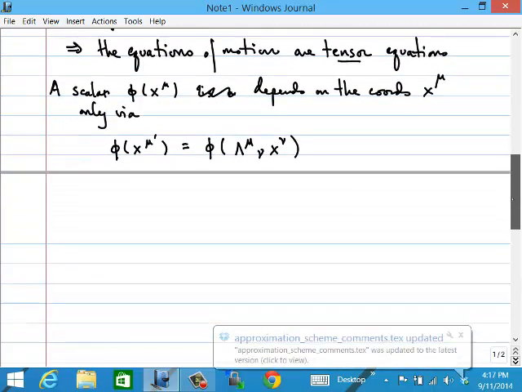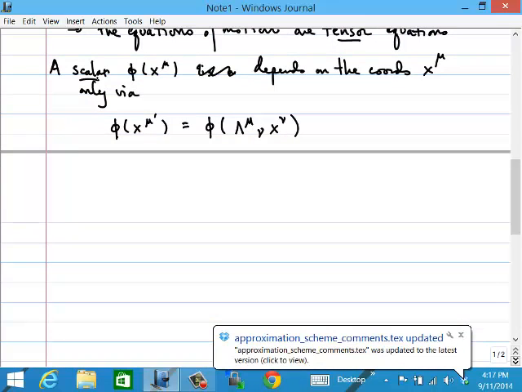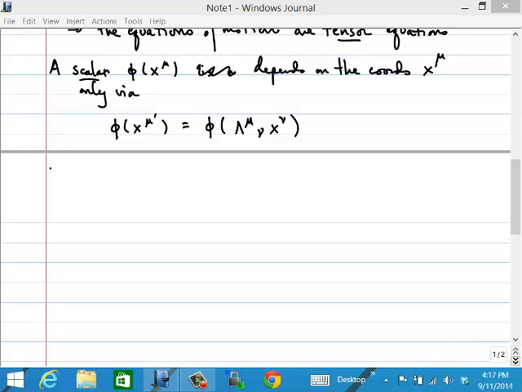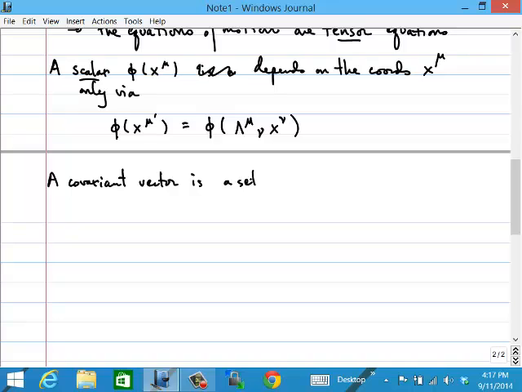A scalar is what you usually think of when you think of a function that only depends on a point in space-time. So a scalar is, of course, the simplest sort of tensor. The next simplest type of tensor is a vector, and in particular what's known as a covariant vector. That is a set of four quantities, four functions of the coordinates, that transforms in a particular way when you perform a change of coordinates.